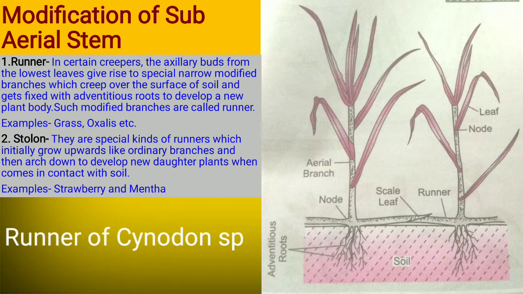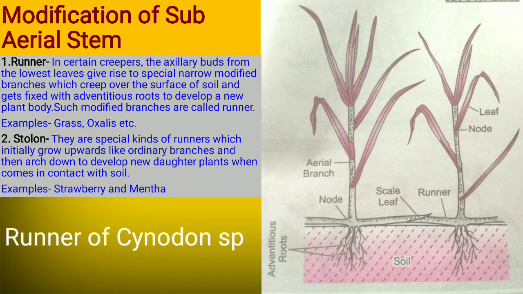Runner, it is found in some creepers where the axillary buds from the lowest leaves give rise to special narrow modified branches which creep over the surface of soil. Each modified branch is a basal internode of the axillary bud which elongates and trails along the soil, carrying the bud to a distance from the mother plant.